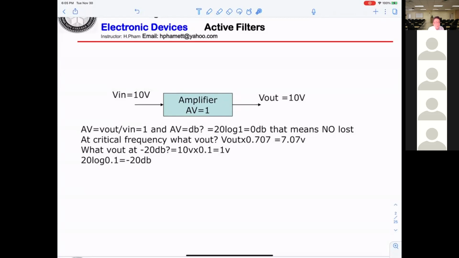Then you have to find out what number is equivalent to minus 3 dB, that will be 0.707. We use that number. Same thing with minus 20 dB, you have to find out what is equivalent to minus 20 dB. That's 0.1.